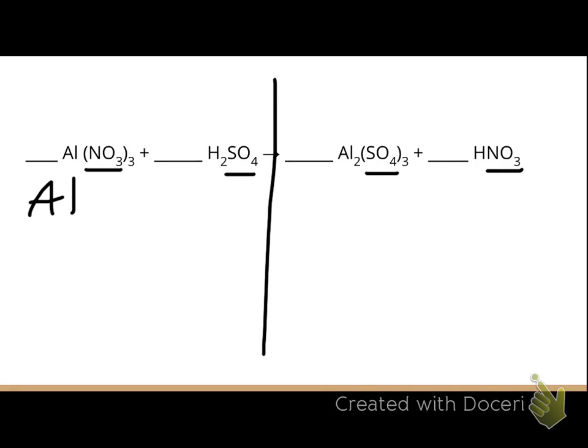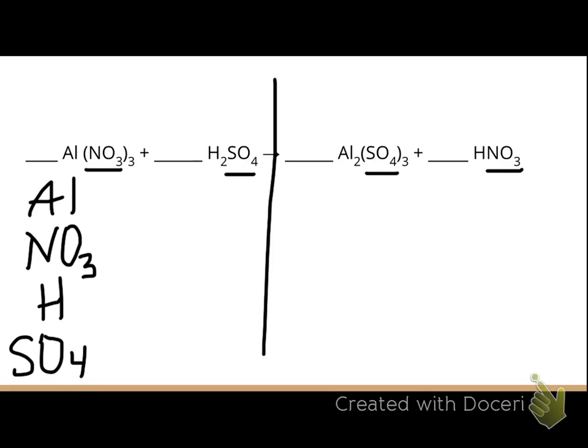Not completely, but you can count it as this. Instead of counting the nitrogens, counting the oxygens separately, counting the sulfurs separately, this will make it a little bit easier for you to balance. So go ahead, pause the video, come back, and check your answer.